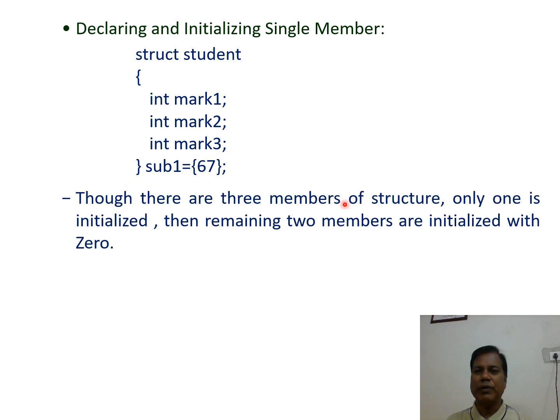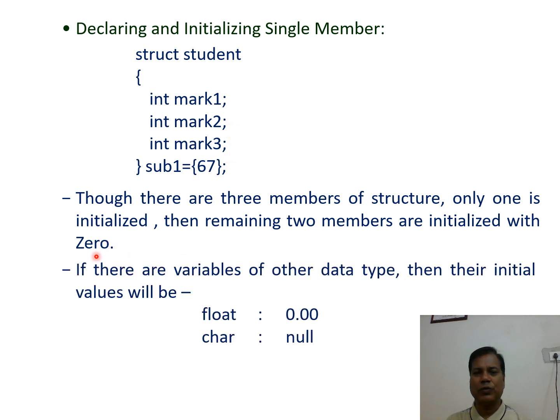Though there are three members of the structure, only one is initialized. Then the remaining two members are initialized with 0 automatically. If the other members are of float type, then the value is going to be 0.00. If it is character type, then the value is going to be null.